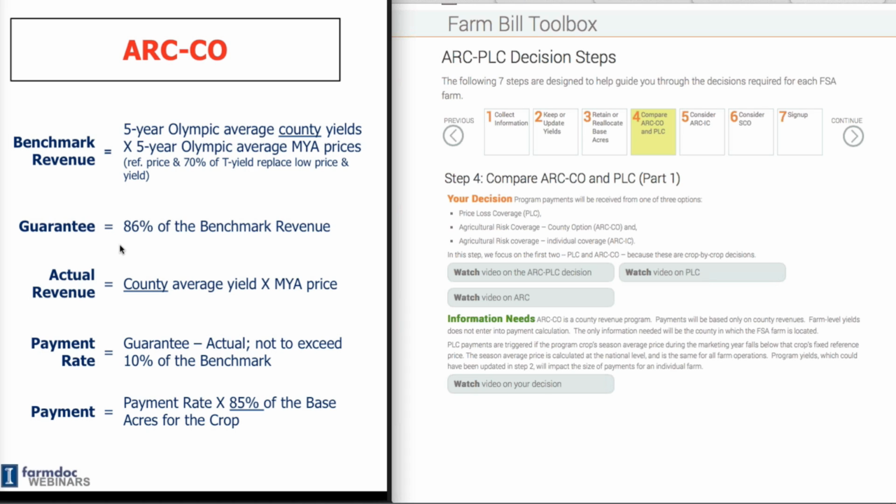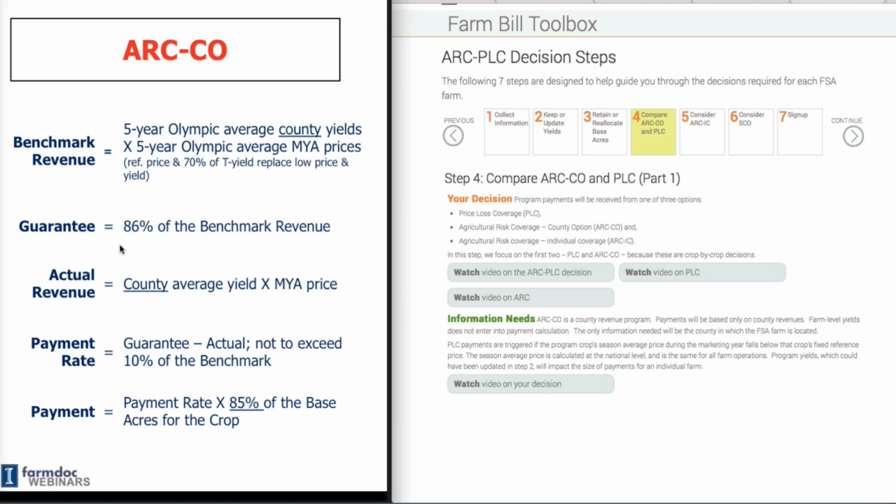Anything below 70% of the county T yield would be replaced by 70% of that transition yield. Any year in which a price is below the PLC reference price, that PLC reference price would be used for that crop in the 5-year Olympic average price history. So the product of those two 5-year Olympic averages, price and yields, is the benchmark.